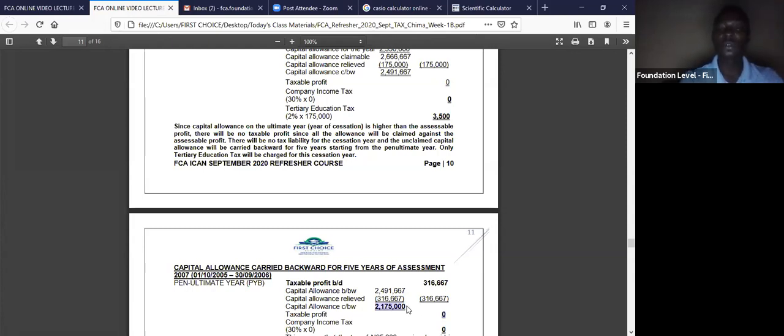If this one is not 0, it means everything ends here. If it is 0 and this one is not 0, it means there's continuation. So this one is not 0, it means we need to carry this one backward again.